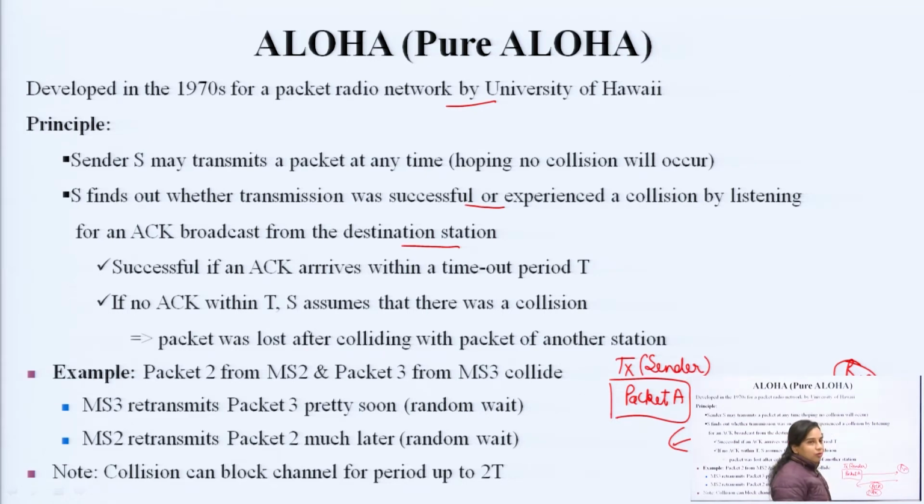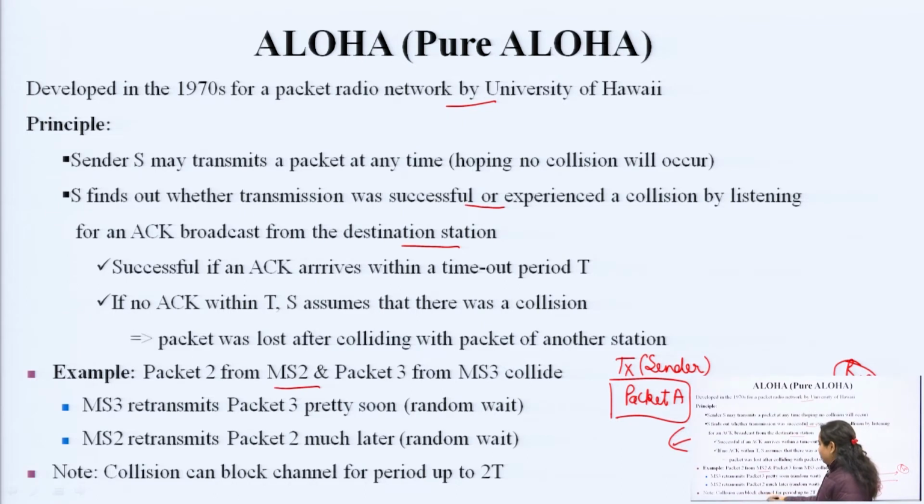If it is a positive acknowledgement, then it says that yes, the packet A that we transmitted was received without any collision and there is no loss of information. If NAK is received in return from the receiver, then it says that a collision has taken place or some other problem exists and there will be loss of information. For example, packet 2 from MS 2 and packet 3 from MS 3 collide.